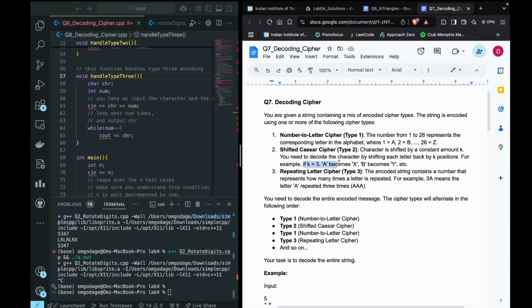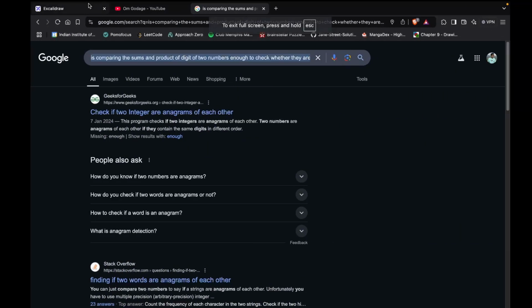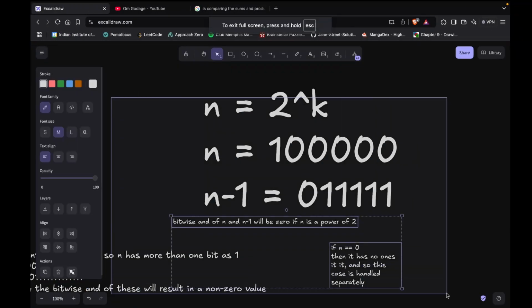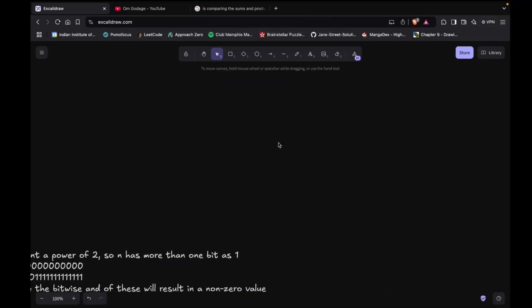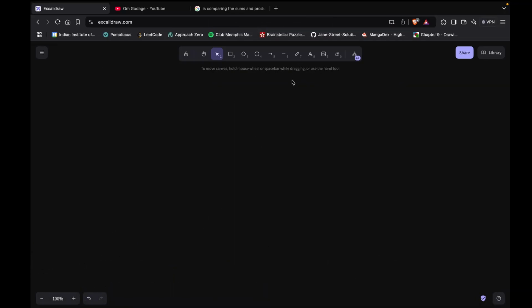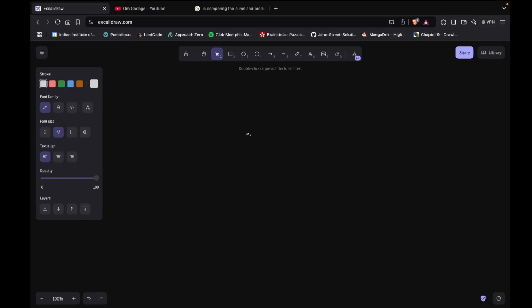They've given an example that if k equals 3 and you have a, it becomes x, and b becomes y. Okay, let's say that your character was a, and for k equals 1 you'll get the answer as z.